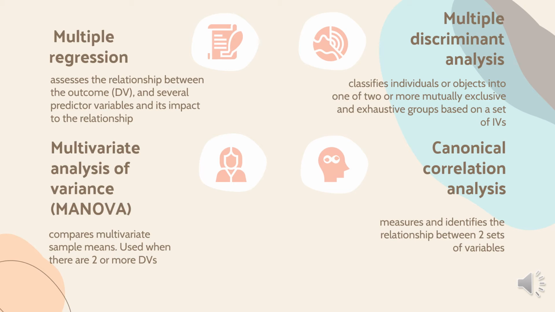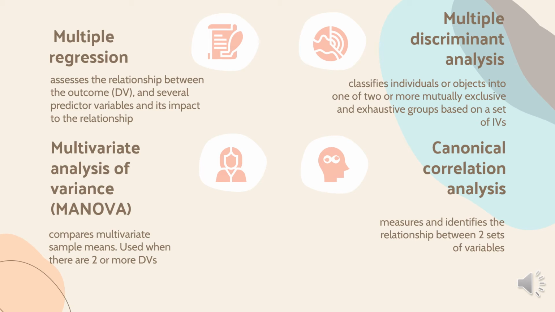Next, we have multivariate analysis of variance, or more commonly known as MANOVA. This technique is used to test the significance of the effect of one or more independent variables on a set of two or more dependent variables. It takes into account multiple continuous dependent variables and groups them together into a weighted linear combination or composite variable.